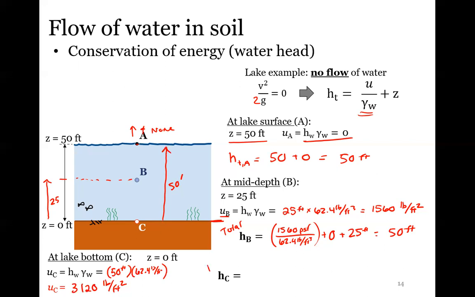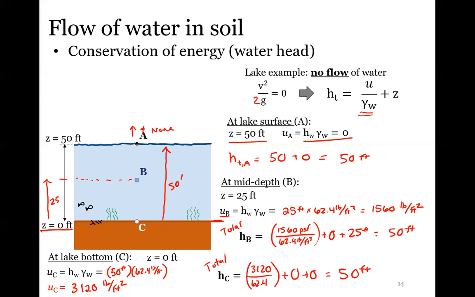So then our total head, this time we have the same thing for our pressure head, which is 3,120 divided by 62.4, plus our velocity head, which is 0, plus our elevation head, which is 0, Z is equal to 0. You'll see 50 feet.